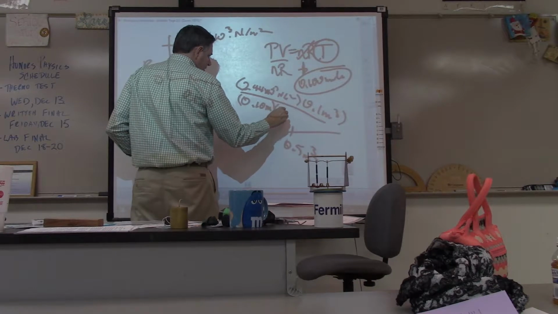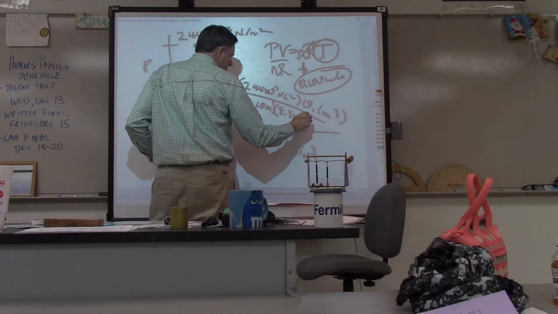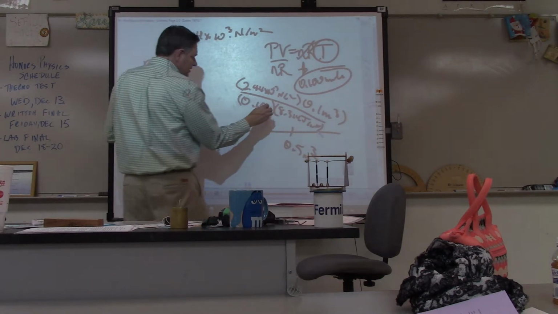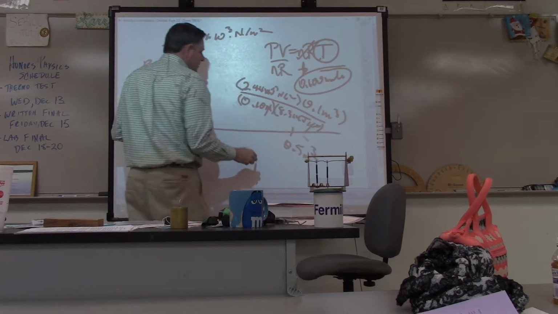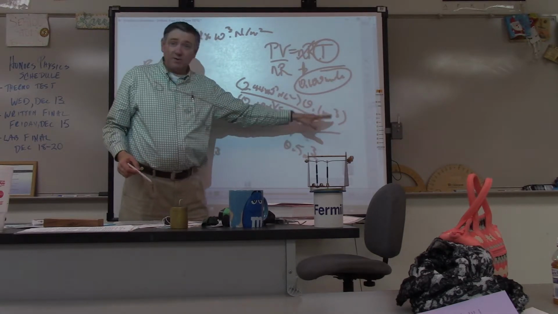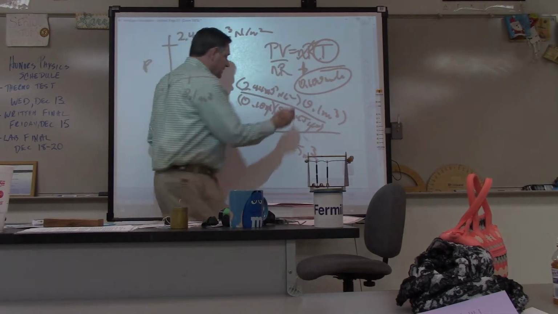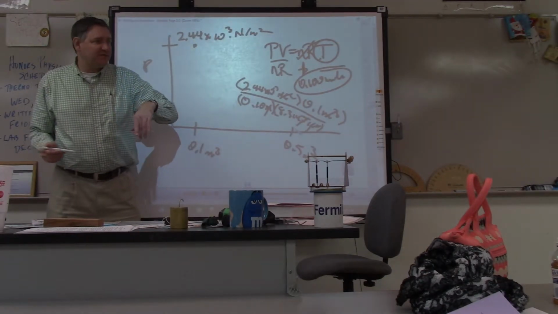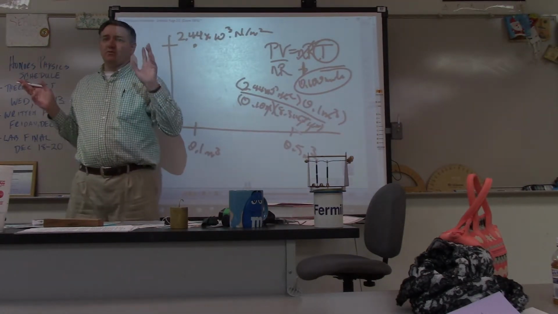And then I've got an R of 8.314 joules per mole Kelvin. So at this point, the moles are going to cancel out. This up here gets me newtons per meter squared times cubic meters. That gets me joules on top. So that cancels out all of that. I've got Kelvin left down below. There we go. We're in the wheelhouse.